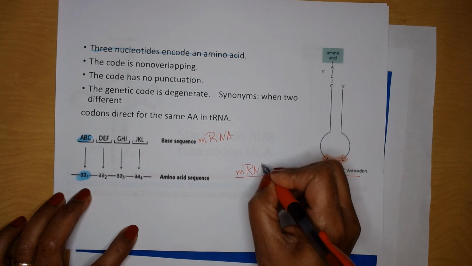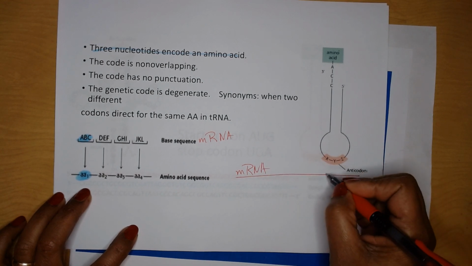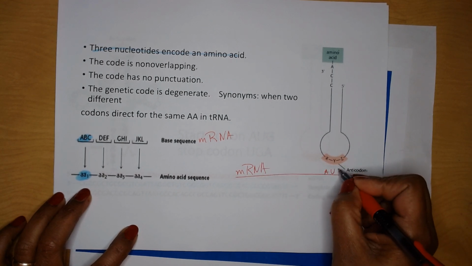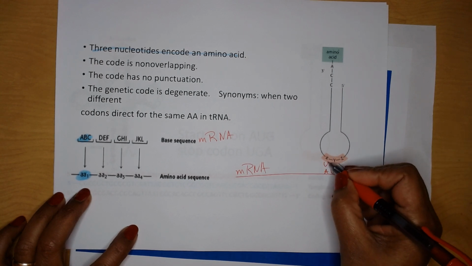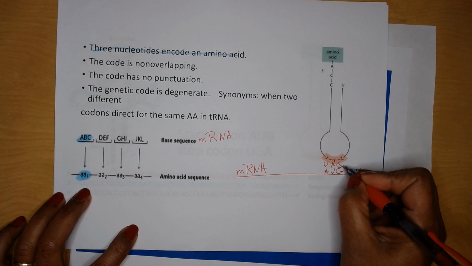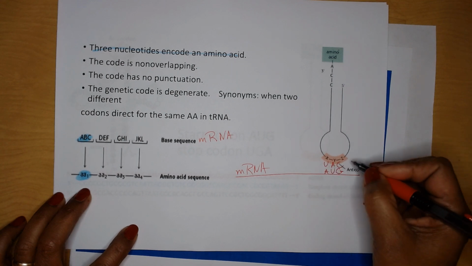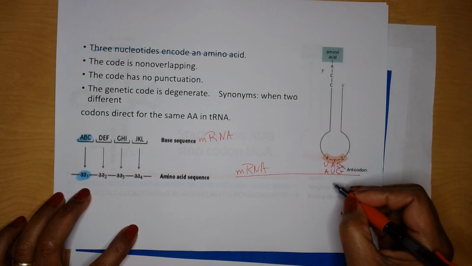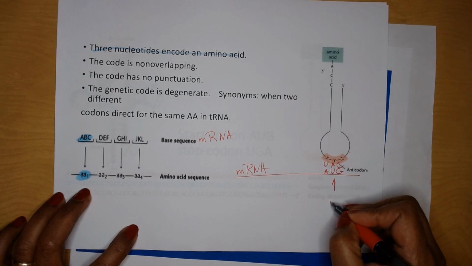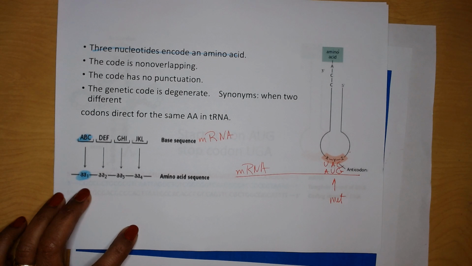If I have here AUG, that will be making base pair with UAC, the anticodon that is going to bring one specific amino acid. We already mentioned that this one is for methionine. So that is the first rule that we follow.